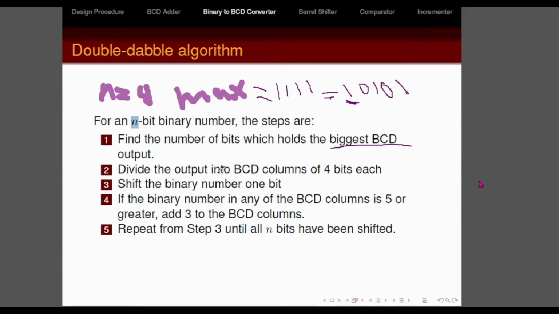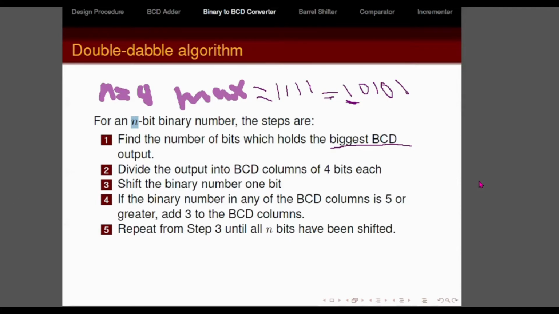Divide the output into BCD columns of 4 bits each, we will show later, and shift the binary number 1 bit at a time. So as you shift, you check. If the binary number in any of the BCD columns is 5 or greater, you add 3 to the BCD column. Then repeat until all the numbers have been shifted.